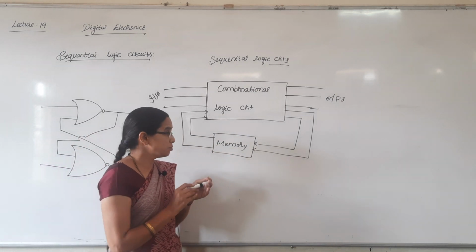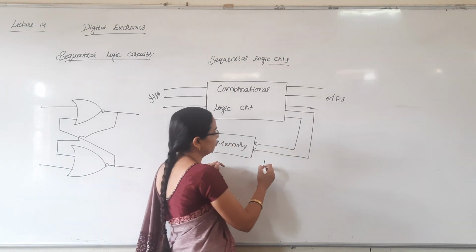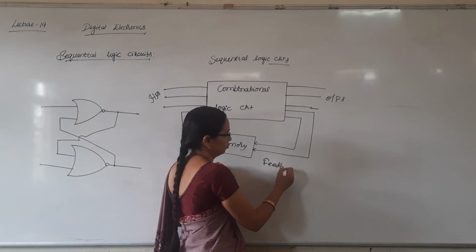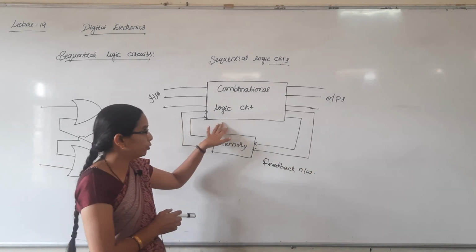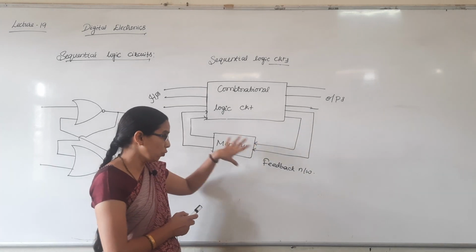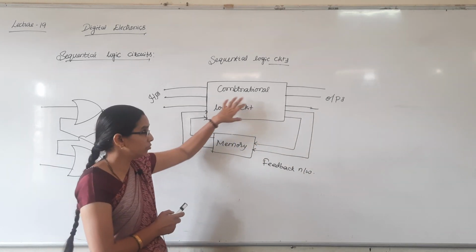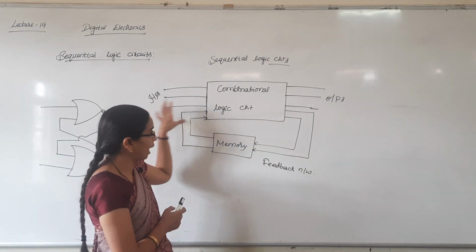That means this memory is achieved by the feedback network. The output of the combinational logic circuit is stored, and that is given back to the input.